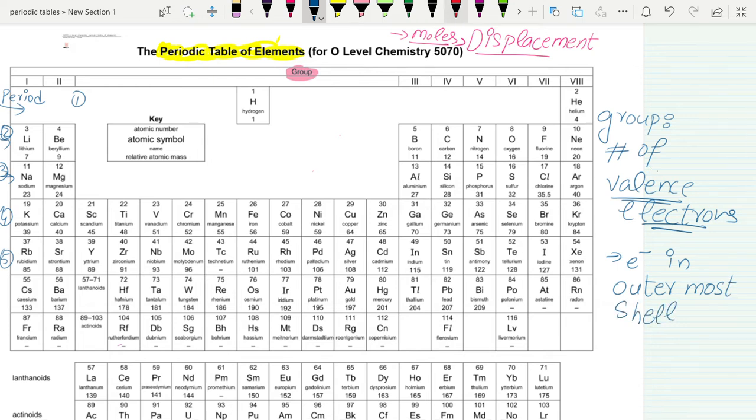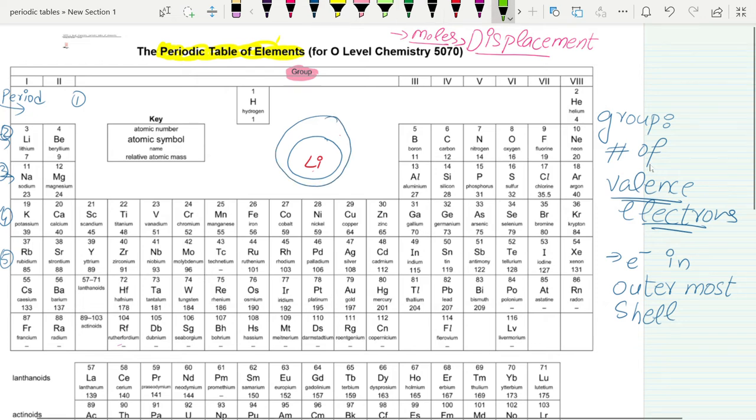Now, to understand the shells, take for example lithium, Li. You know from the start of the class, electrons are arranged in the form of shells: first shell, second shell, third shell, and so on.